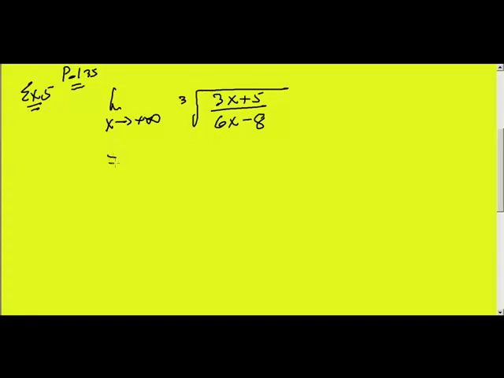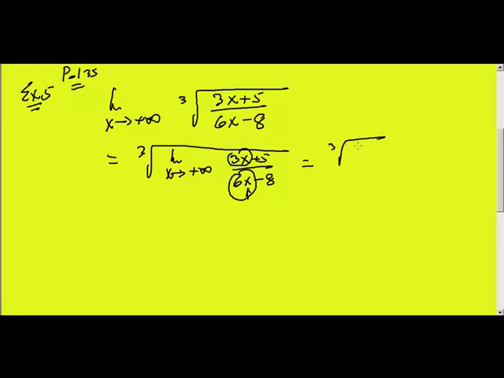So this is the limit as x goes to positive infinity of 3x plus 5 over 6x minus 8. If you notice in this fraction, the powers match up. The power on the top is 1, and the power on the bottom is 1. So it's going to go to the ratio of the leading coefficients, which means the third root of 3 over 6, or the third root of 1/2. And that is the limit.